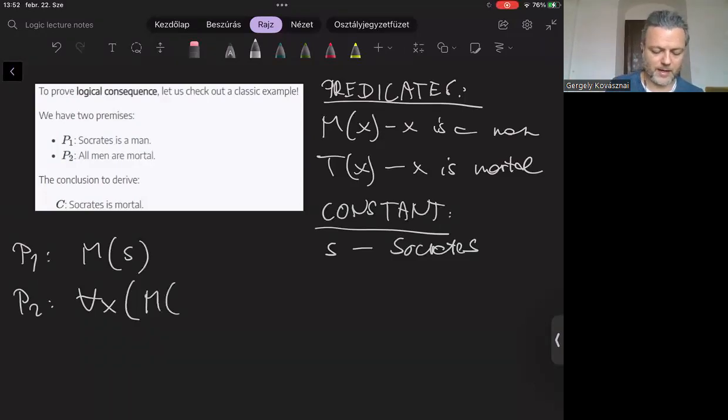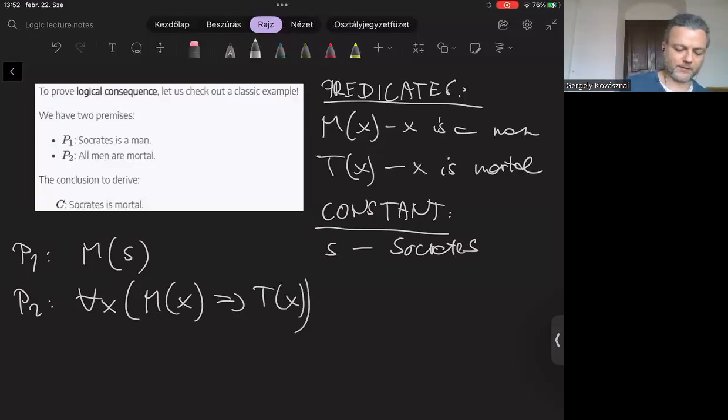So for all X, if X is a man, then this man must be mortal. And finally, let's formalize the conclusion formula. Socrates is mortal, so T of S.